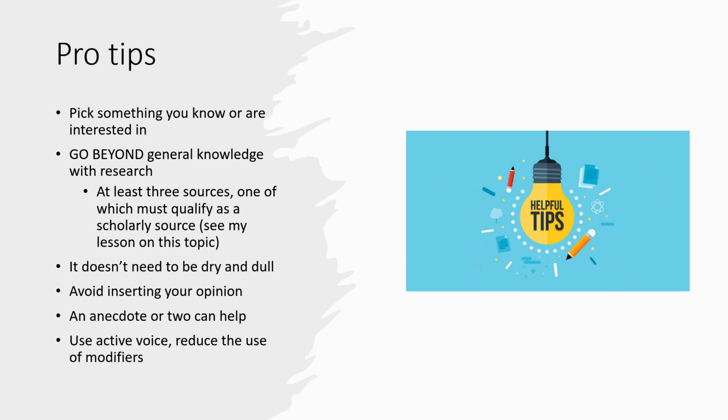You can inject a little bit of yourself into it. Write in a clean manner in which you are expressing yourself. For this kind of paper, you're going to avoid inserting your bias or opinions, but use an anecdote or an example to help humanize the information that you're providing.